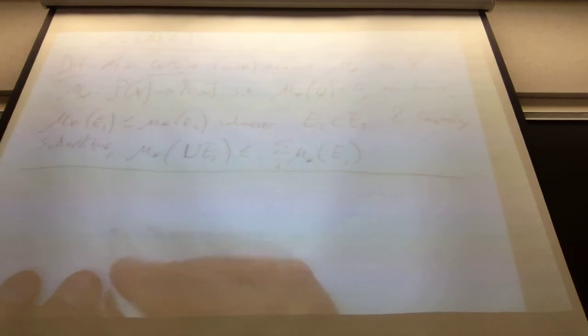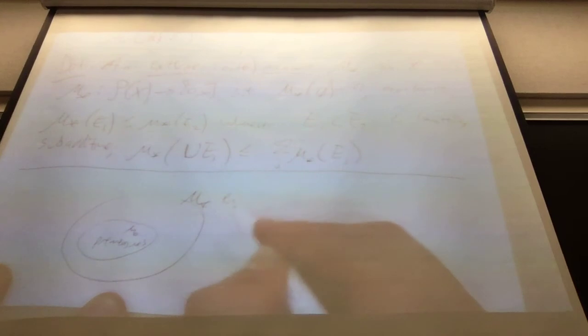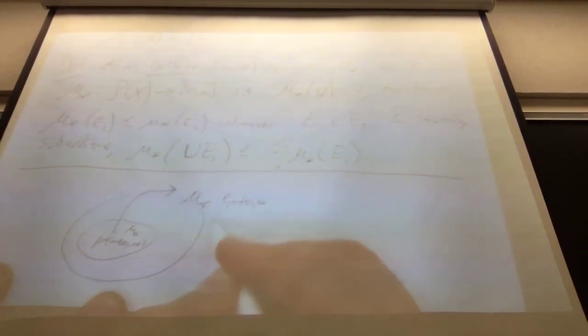Basically, just to give you a heads up of what's going on, we're going to set up pre-measures, mu 0. There's an extension theorem that turns pre-measures into exterior measures, outer measures. And then there's another theorem that'll restrict exterior measures to what's called Caratheodory measurable sets that will give us a measure, and this is a general process.